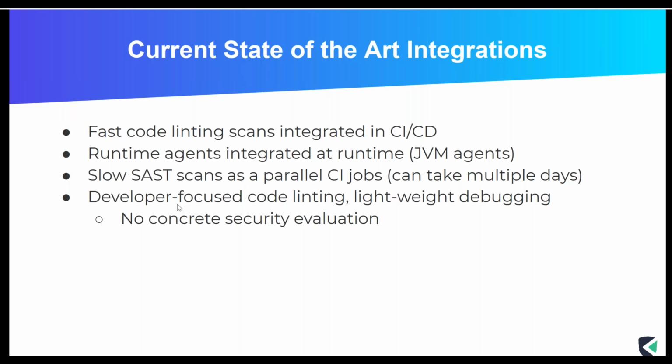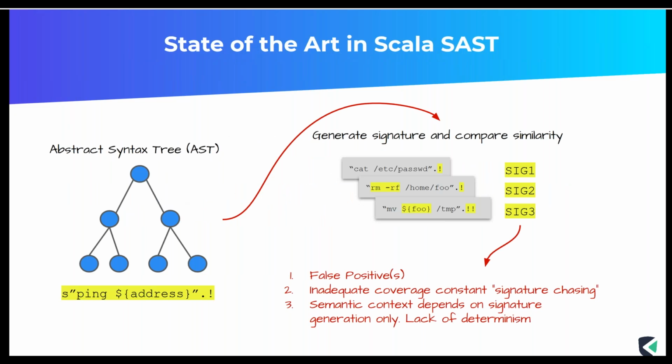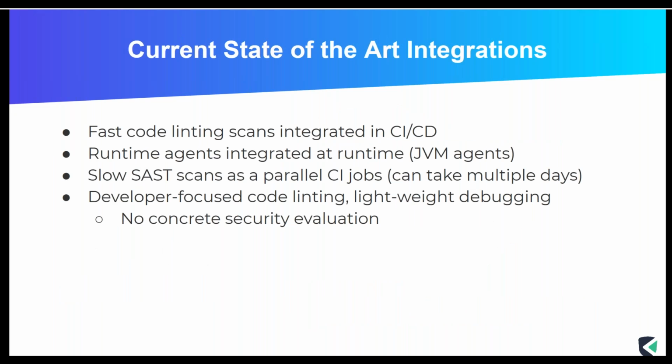You're a developer, you have your IDE open, and it gives you some alerts, like, hey, this could be a possible SQLi, just check your SQL statement, or things like that. So it's not a concrete security evaluation, but that's what there is. So this is the state of the art on how static analysis security is integrated, and how discovery of the vulnerability is done.